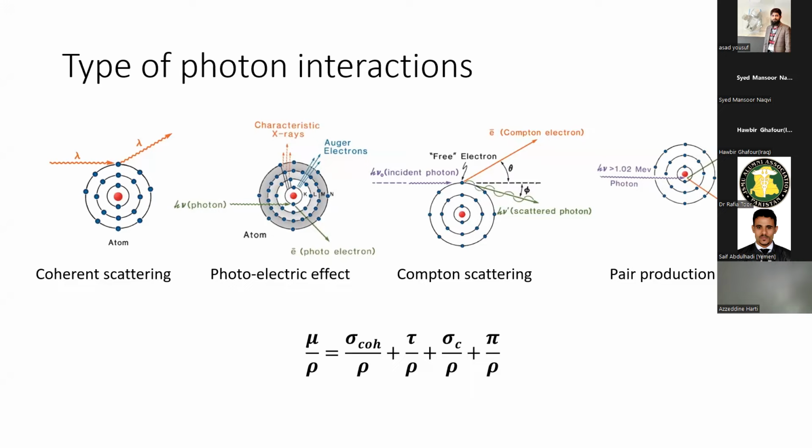So it will be scattered, and there are equations for that, and we will not go into the detail. The other is pair production, where the photon interacts, and a certain threshold energy is required, 1.02 MeV, and it can produce an electron and a positron. And these are the coefficients of these equations.